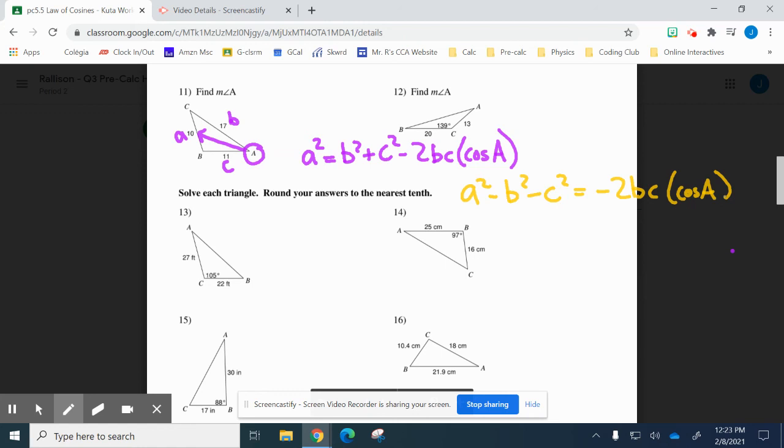So now we have A squared minus B squared minus C squared, over, we're dividing out that negative 2BC, negative 2BC, equals cosine of A. Remember, that doesn't give you A, that gives you cosine of A. So now we do the arc cosine of all this stuff.